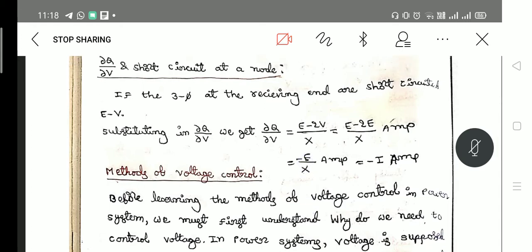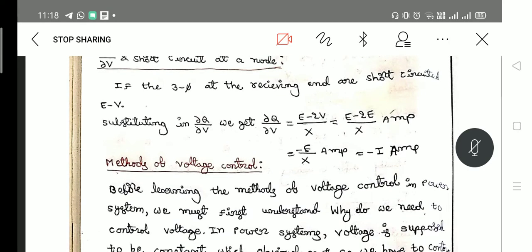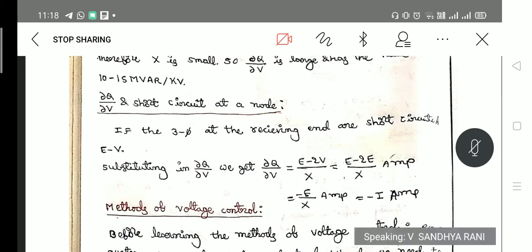Now in place of V, I am substituting V = E. So ∂Q/∂V = (E − 2E)/X, that is −E/X amperes. In place of E/X we can write −I amperes, that is ∂Q/∂V at a short circuit at a node.